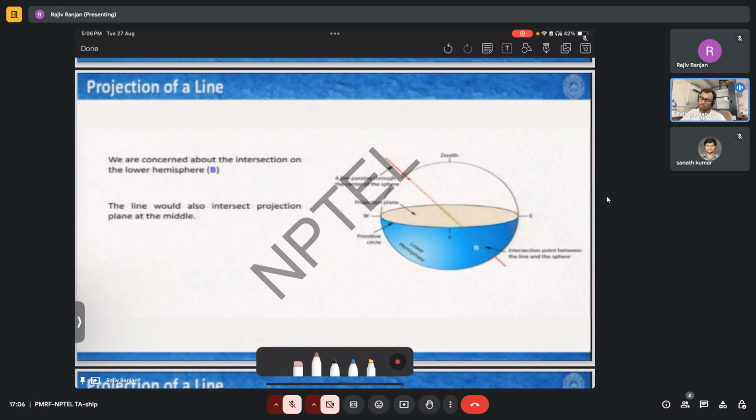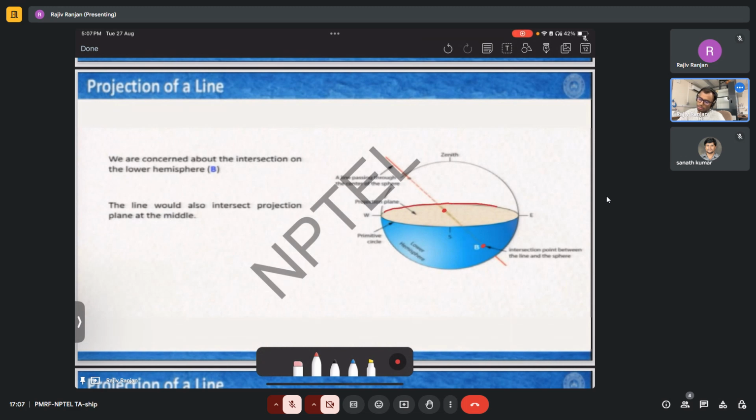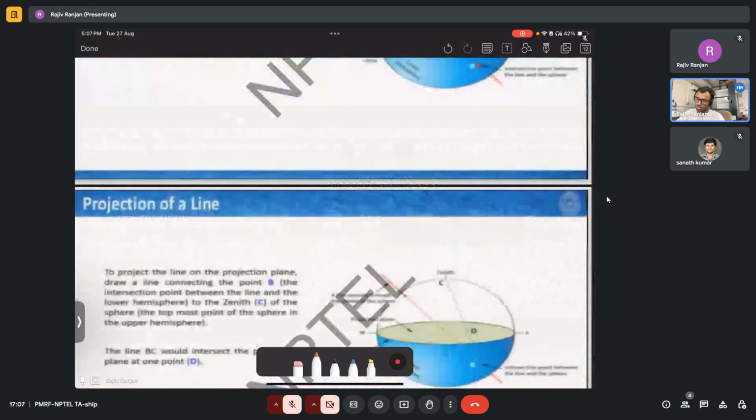Imagine the upper, northern hemispherical half of the sphere has been removed. So now you can see the lower hemisphere. Here point B is marked. It will also intersect somewhere on this projection plane. Somewhere it will project.